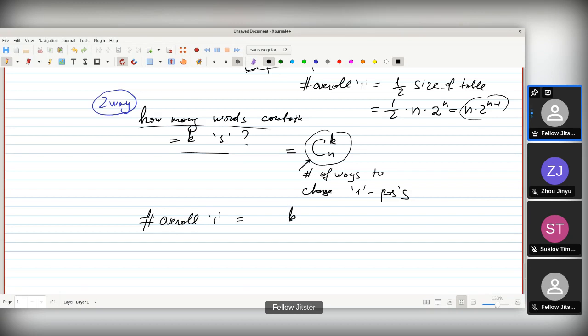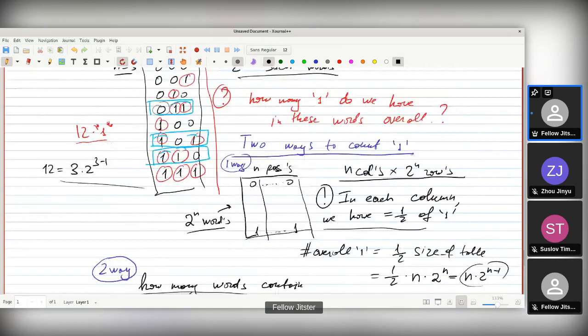Isn't it clear that in every word with k unities, we have k unities? Yeah. So we have k unities in words that contain k unities.